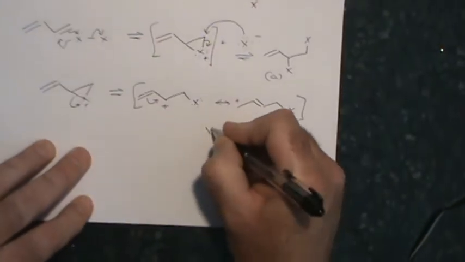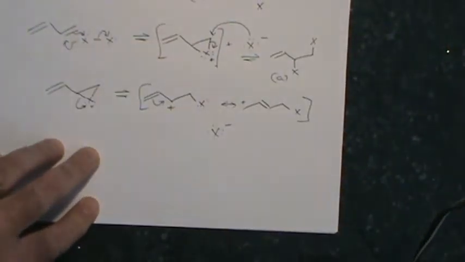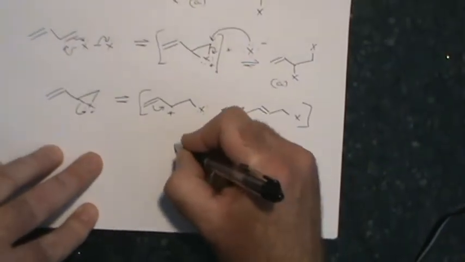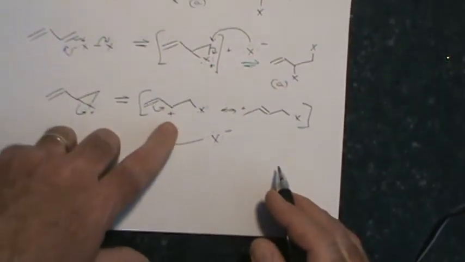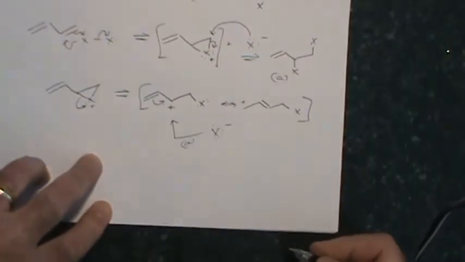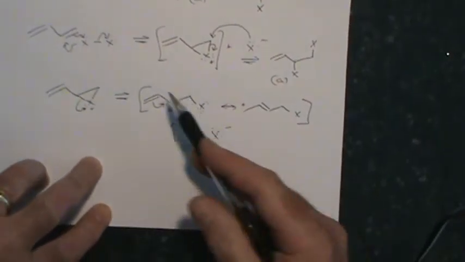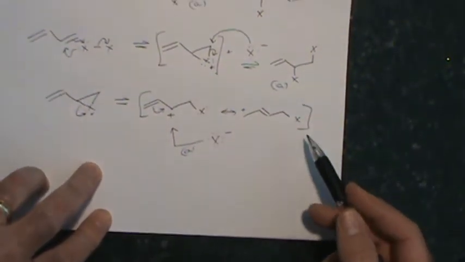As a result, my nucleophile, X-, can once again attack two different spots. If it attacks this carbon, that gives me the same product that I would have produced through a more traditional pathway as elaborated in the line above.